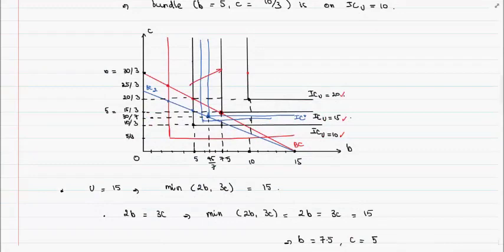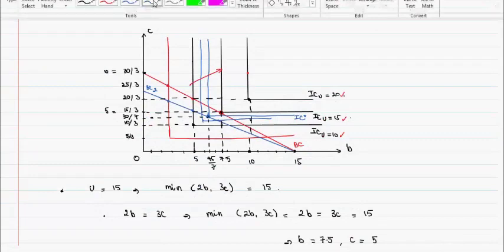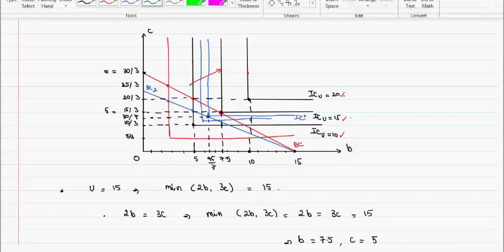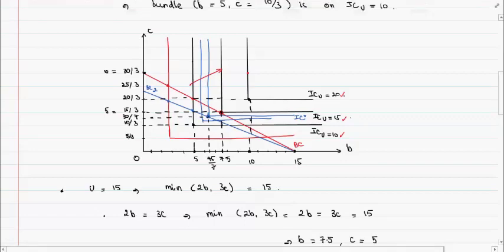So if I use a straight line and green color, and I connect all of these vertex points together, then this is going to be the income expansion path.